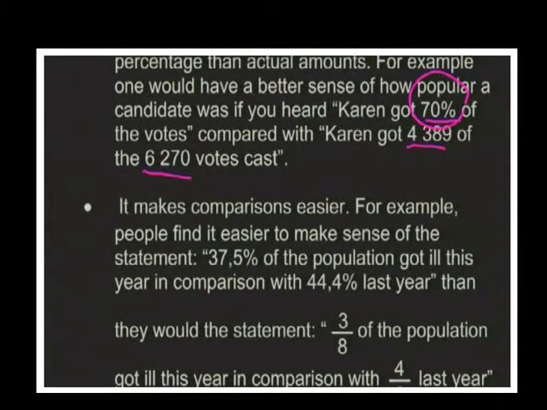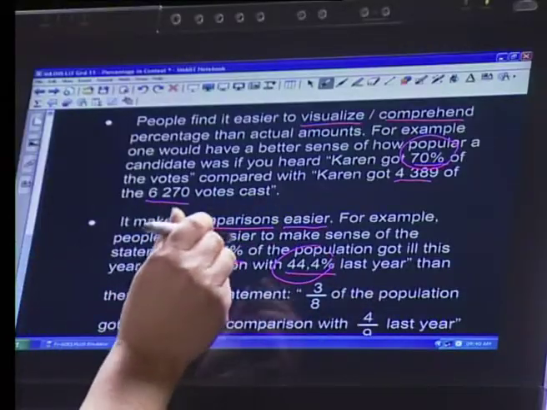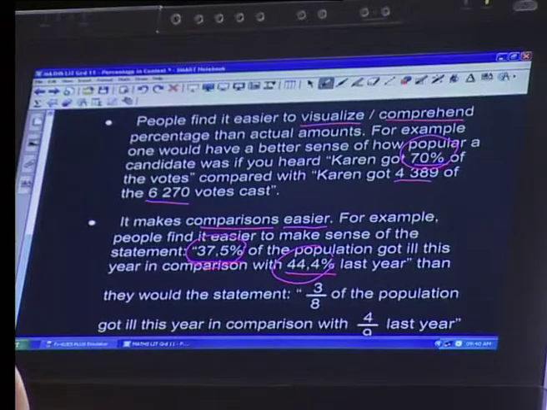It also makes it easier to compare values. Look at the statement: 37.5% of the population got ill this year in comparison with 44.4% last year. It makes sense that the number went down. I can see that it went down quite drastically from 44.4% to 37.5%.